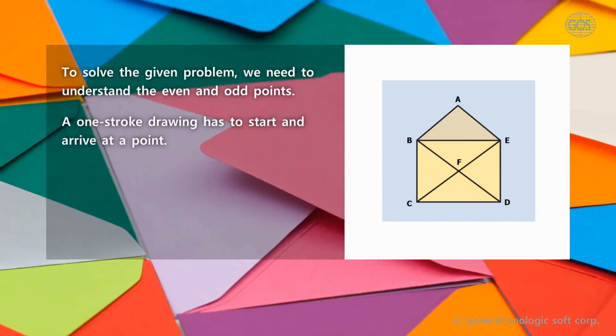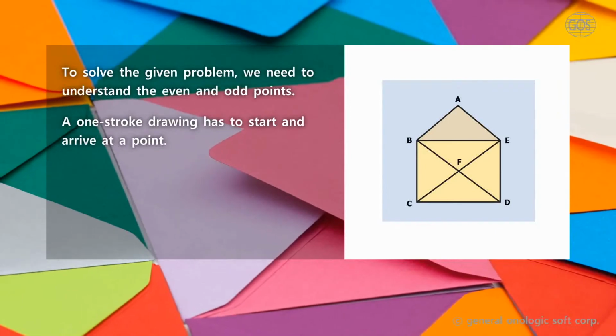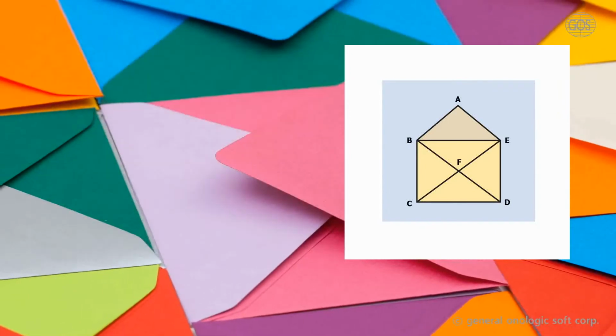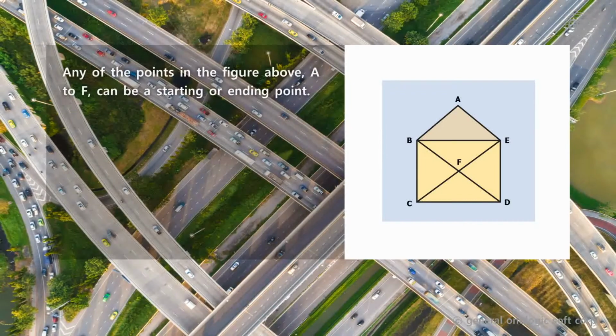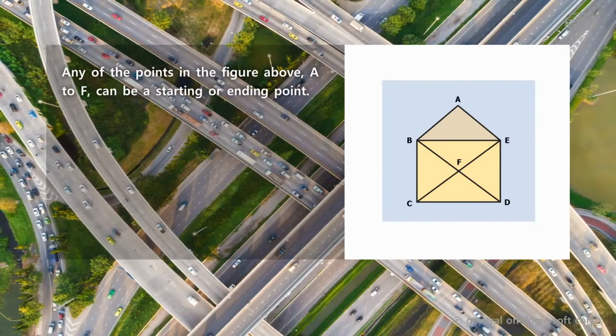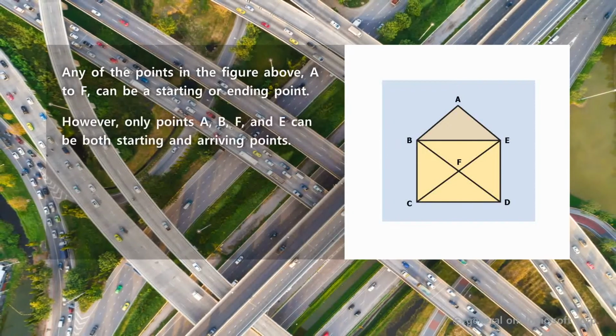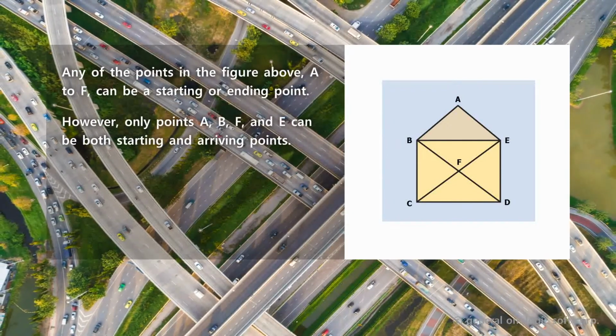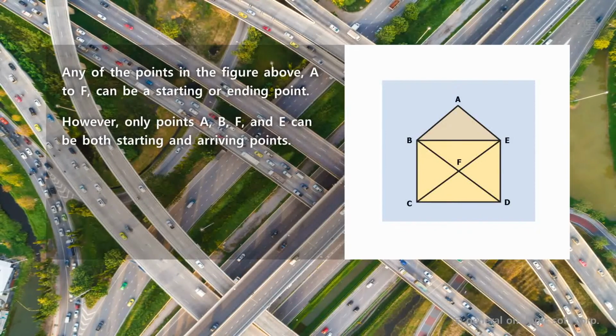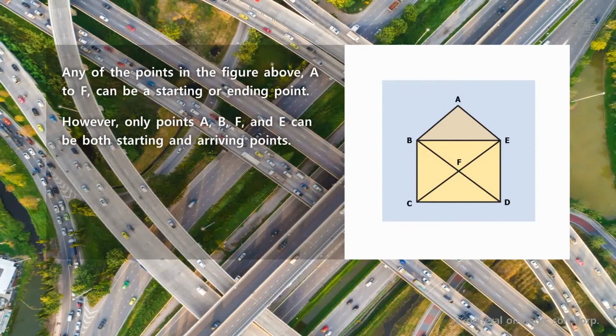A one-stroke drawing has to start and arrive at a point. Any of the points in the figure above, A to F, can be a starting or ending point. However, only points A, B, F, and E can be both starting and arriving points.